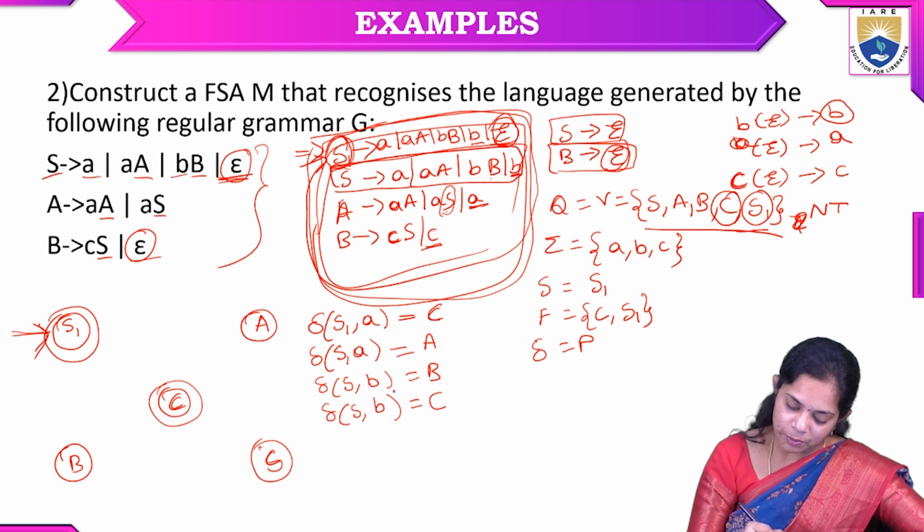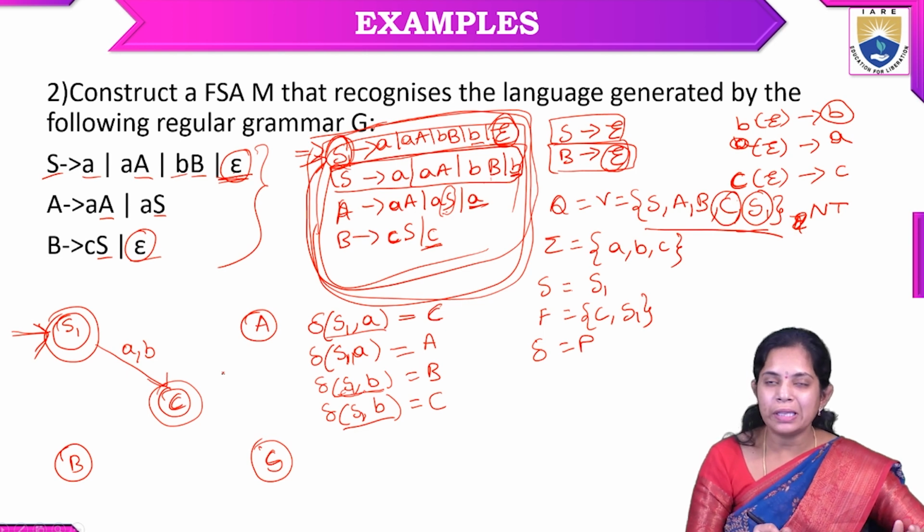And here let me write these four, and S tends to A, S1, so all of these are S1. S1 tends to A, it is reaching the C, and S1 tends to B, it is reaching the C. So let me write A, B from S1.